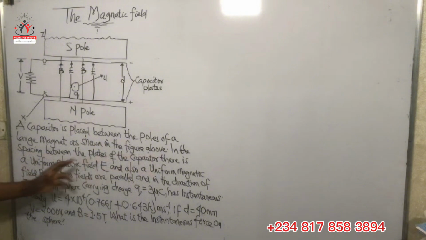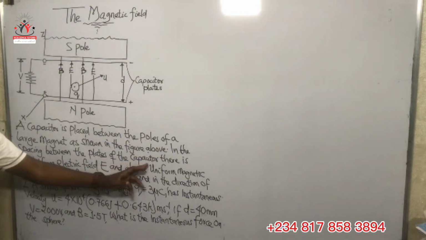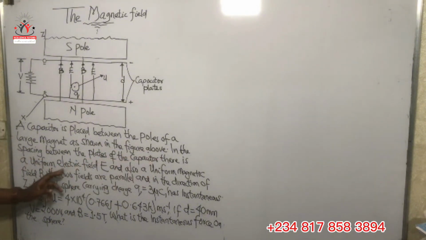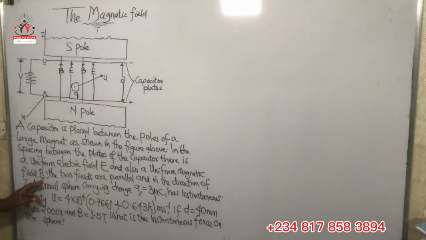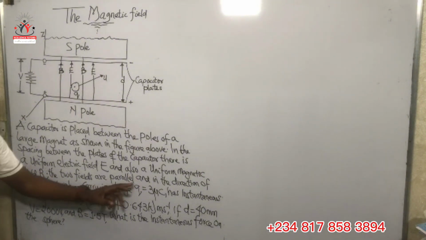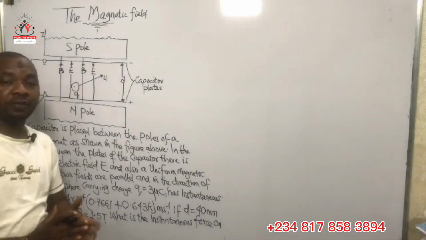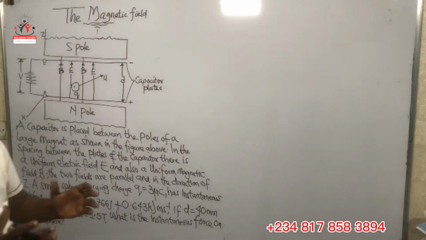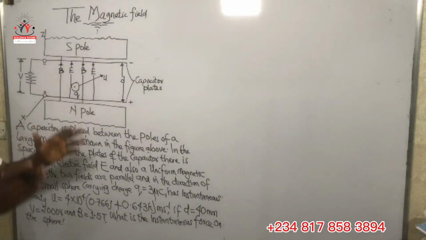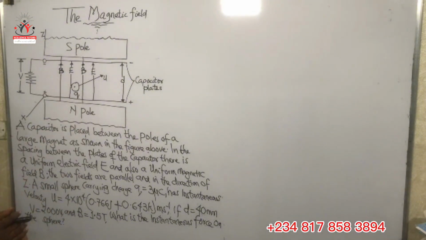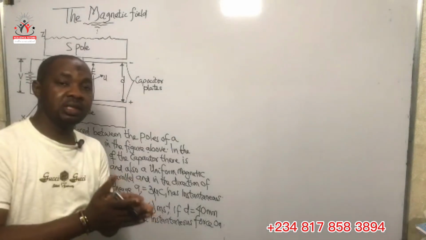Then also, in the spacing between the plates of the capacitor, there is a uniform electric field E and also a uniform magnetic field B. Now, the two fields are parallel and in the direction of Z. So that means the lines of induction of the electric field and the magnetic field are parallel to each other, and both have their direction in the Z direction.